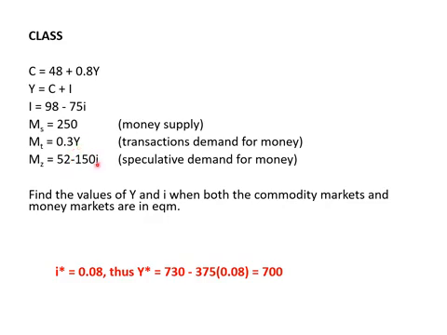So you'll end up with equilibrium equations for each of these markets. So you'll have two equations and you'll have two unknowns, y and little i. And then you will use those two equations, solve simultaneously, and you'll be able to calculate the values that you are requested to calculate.